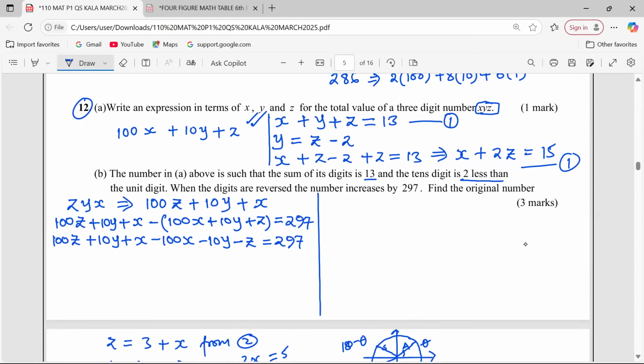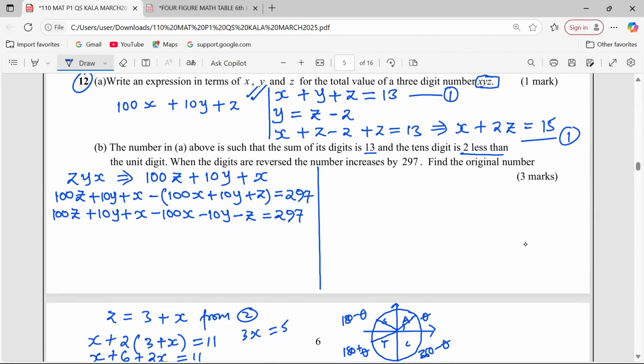At this point, we can group terms. 100z minus z gives us 99z. Then 10y minus 10y cancels out, and x minus 100x becomes negative 99x, equivalent to 297.